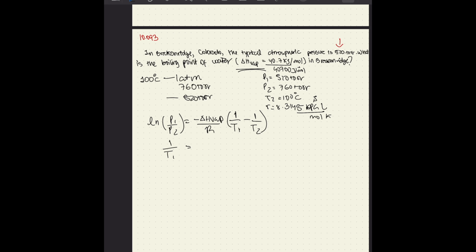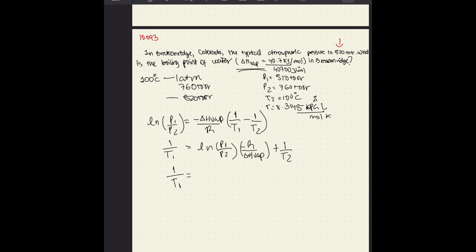T1, P1, P2, then R, and then plus 1 over T2.